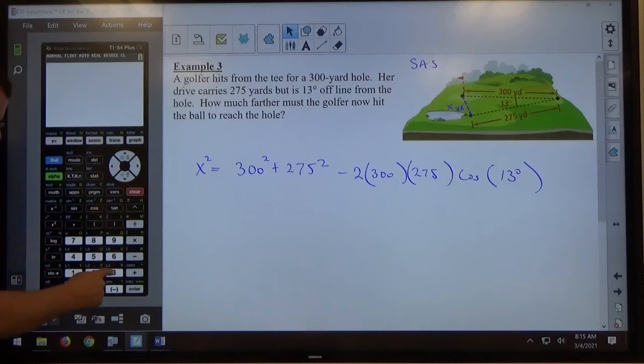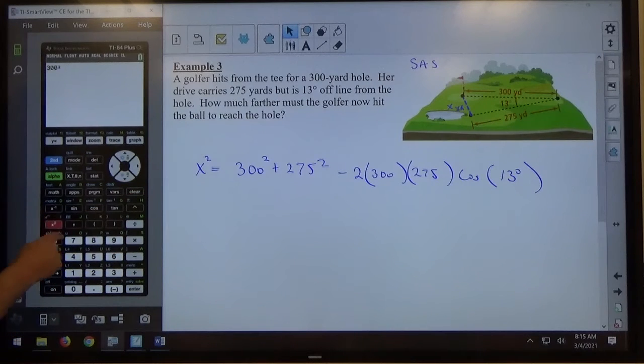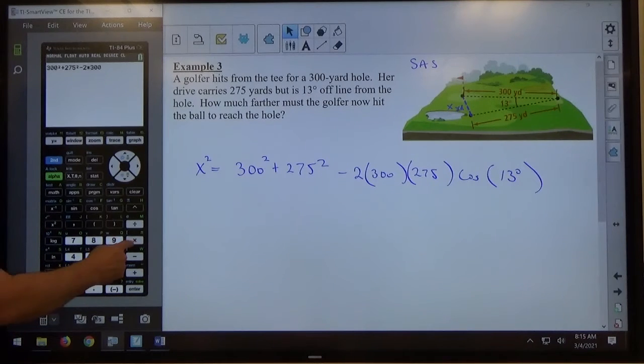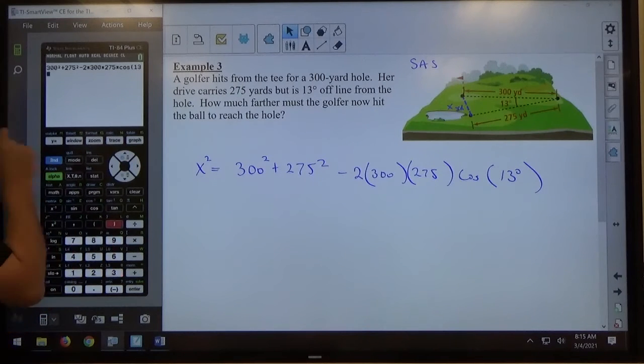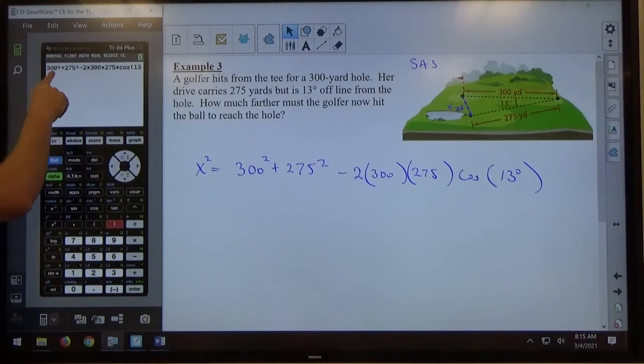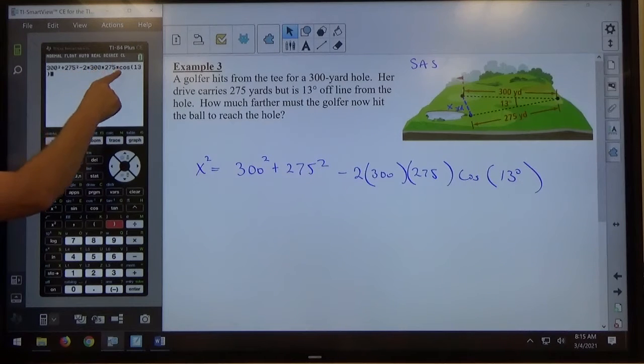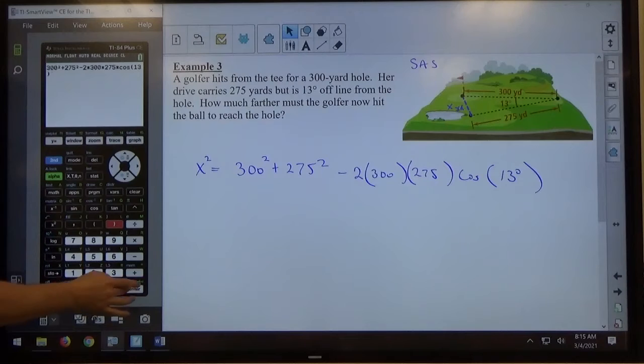So I type in 300 squared plus 275 squared minus 2 times 300 times 275 times cosine of 13. So a bunch of multiplication there. Hit enter. That's what x squared equals.